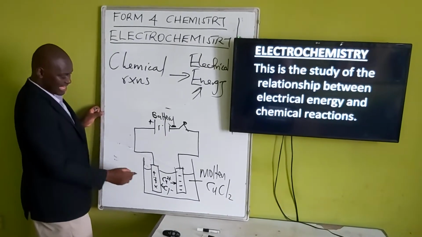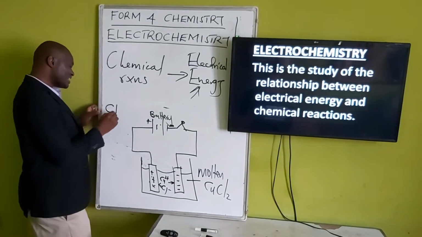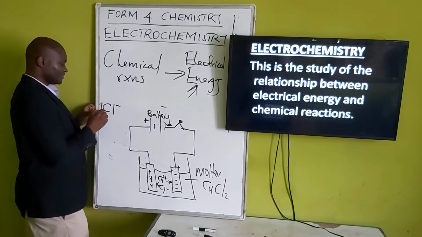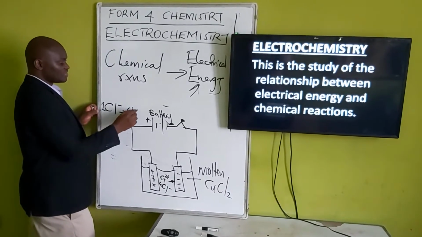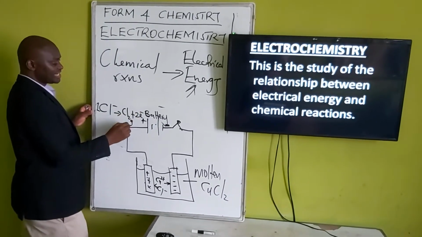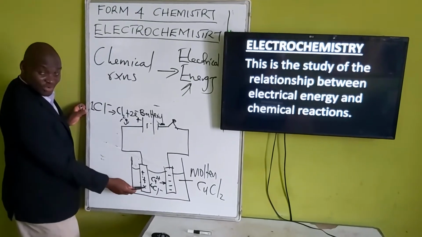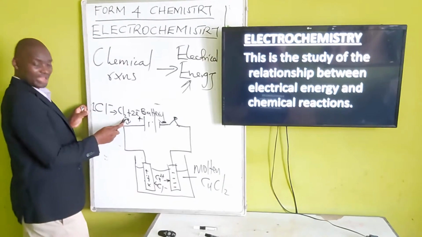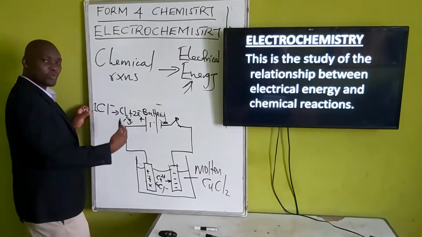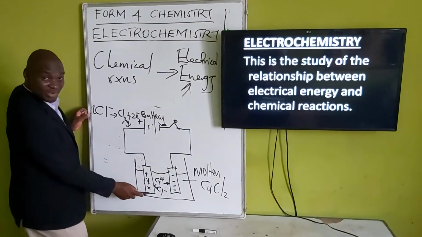And therefore at the anode, you will have chloride ions getting discharged by losing electrons to give chlorine gas. So there is a reaction already producing chlorine gas. And what has brought about that chemical reaction?